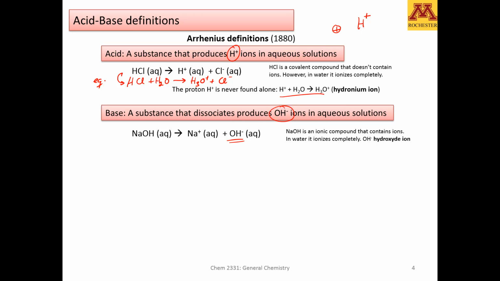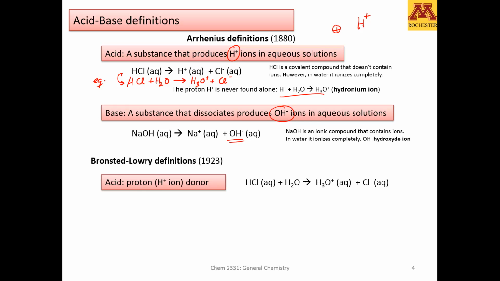There is a more recent, still old, definition, which is the Bronsted-Lowry. The Bronsted-Lowry definition defines acids and bases not for what they give, but for what they do. So an acid is a proton donor. In this case, as we wrote, HCl, hydrogen chloride, or hydrochloric acid, when dissolved in water, gives the proton to the water.